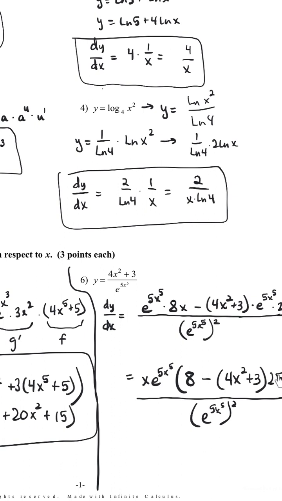And then I'm going to distribute the 25x to the third into that. So the final result could be x times 8. Now this is going to become 25x. 25 times 4 is 100, so minus 100x to the fifth. And then 25 times 3 is 75, so minus 75x to the third.